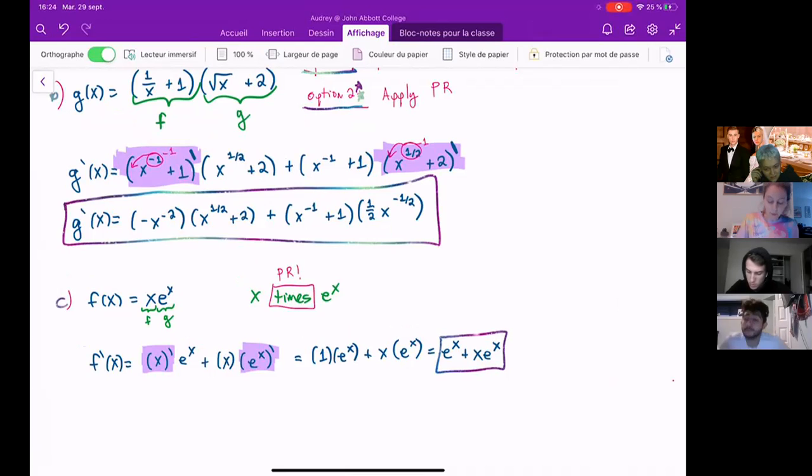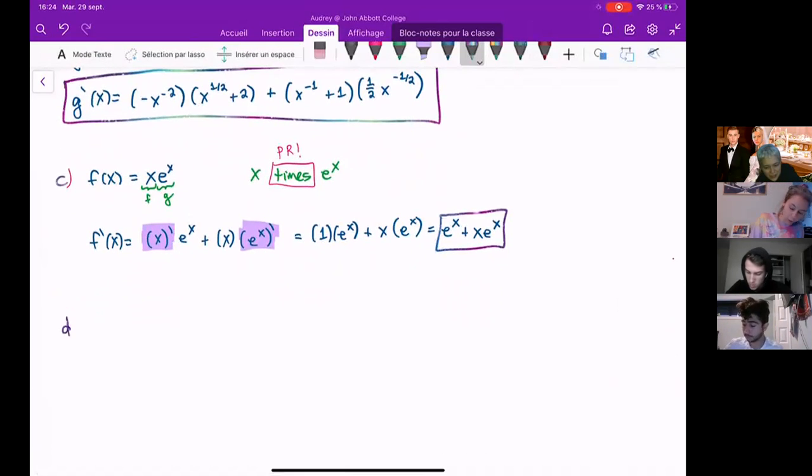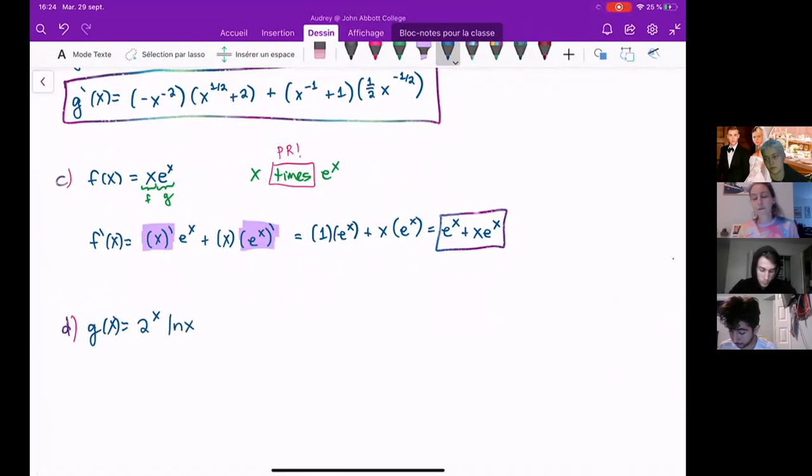Good. So then let's move on to D. So we're going to do another one that actually requires the product rule. g of x is equal to 2 to the x ln x. So even though I didn't say times, could I insert the word times between those two things? Yep. 2 to the x times ln x.